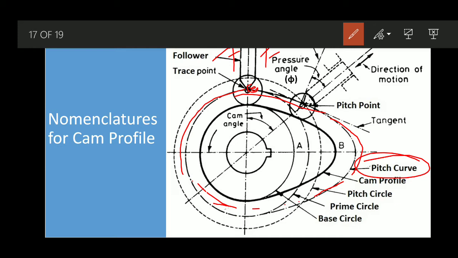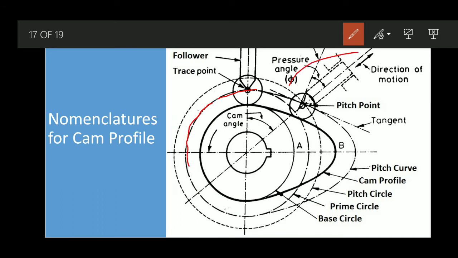But if you just consider as if the cam is right here only, and the follower is rotating around the cam, this way, you can see one position and the other position also. So whatever curve this particular point, the pitch point, is going to generate, that is known as the pitch curve.